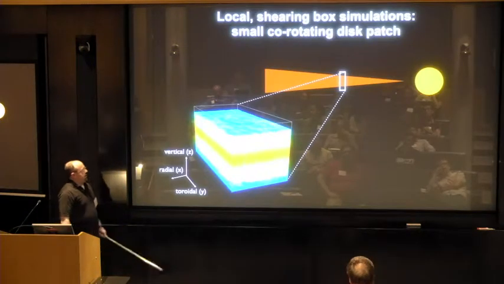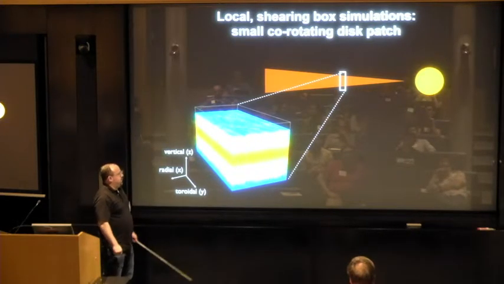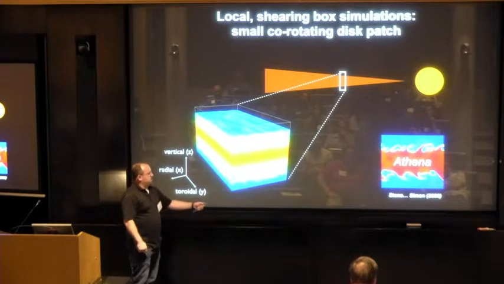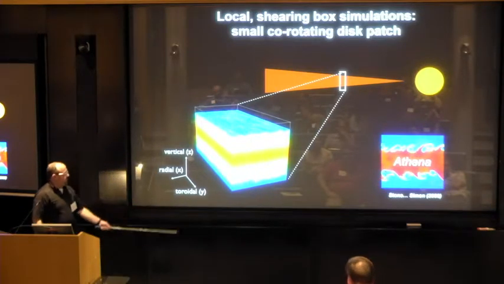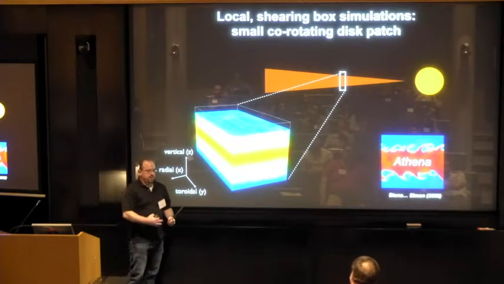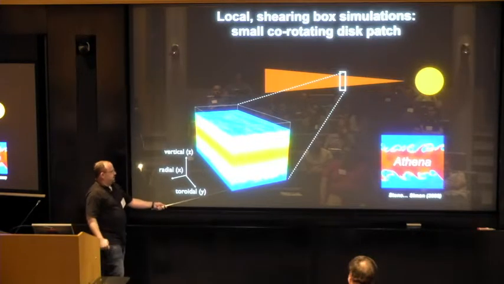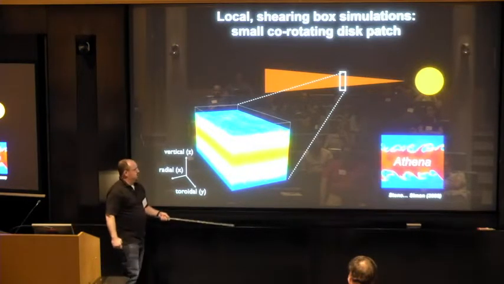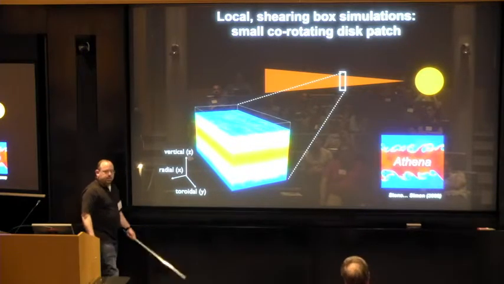Just to set the stage, I use the local shearing box approximation with the Athena gas dynamics code that has particles included as well as particle self-gravity. I really don't need to explain this other than to say that the streaming instability and these related processes happen on scales much less than h, making this a very useful, if not somewhat essential, tool for studying these processes, unless you go to really high resolution.